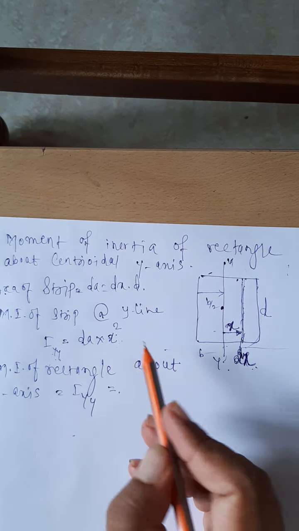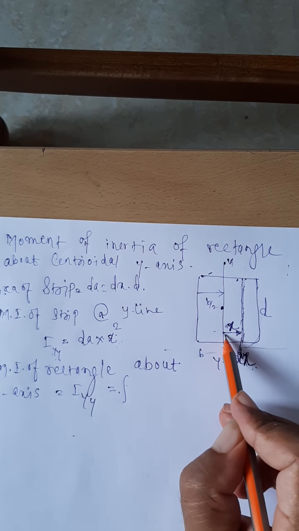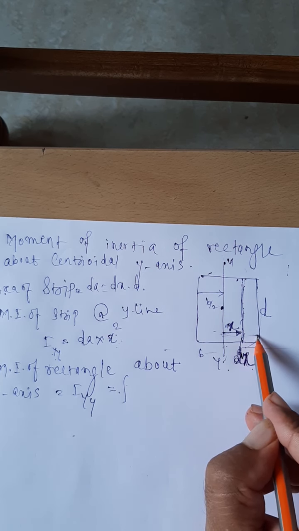See how the strip is moving. It is moving from plus b by 2 to minus b by 2. This distance is b by 2 and this distance is minus b by 2, as you are taking this as the x line and this as the y line, right? Therefore, integration is to be done from minus b by 2 to plus b by 2.